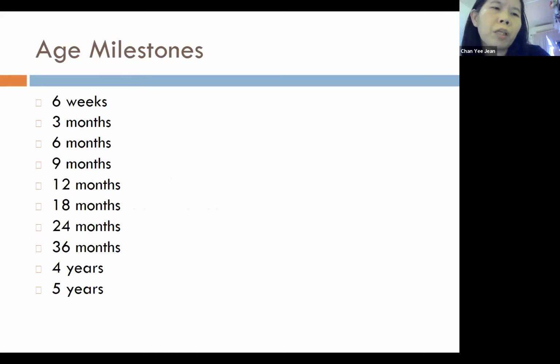Once you pass 2 years old, then you go yearly: 2 years, 3 years, 4 years, 5 years. Because the things that a child should be able to do develop very much, there's more to develop during the early years than the later, which is why after 2 years it goes yearly instead.